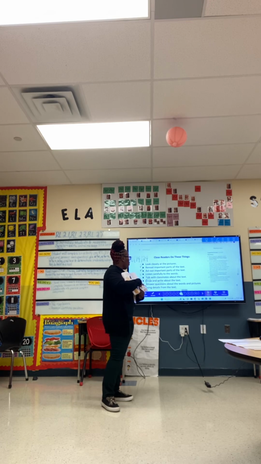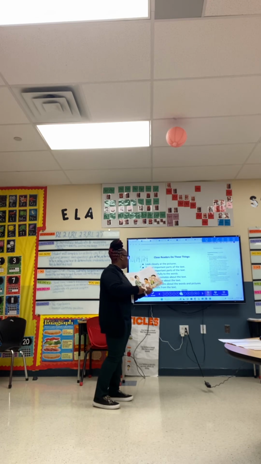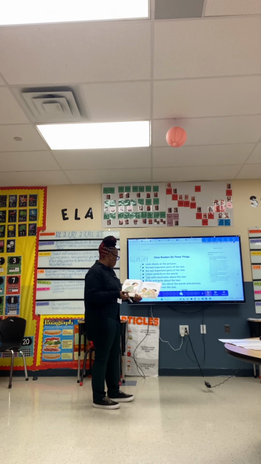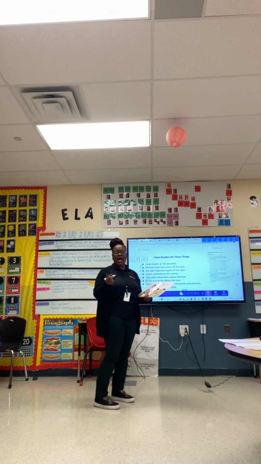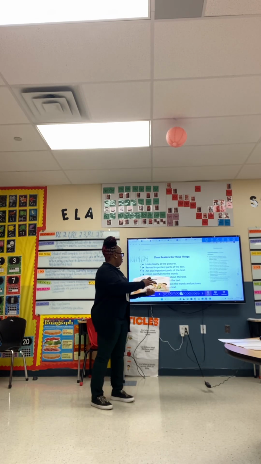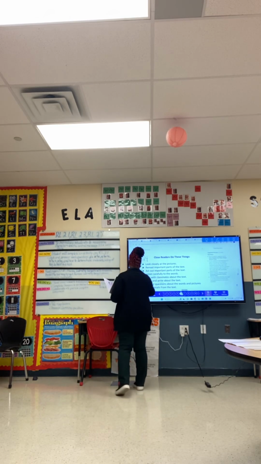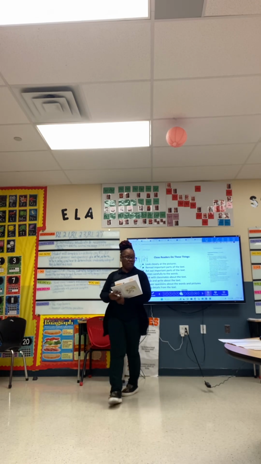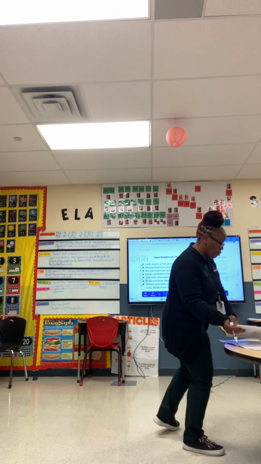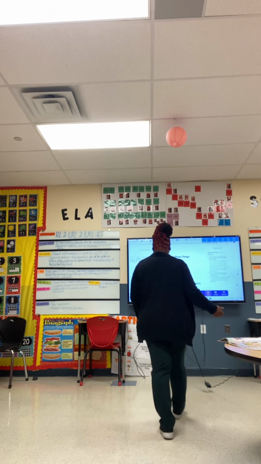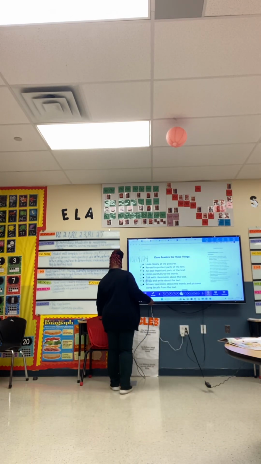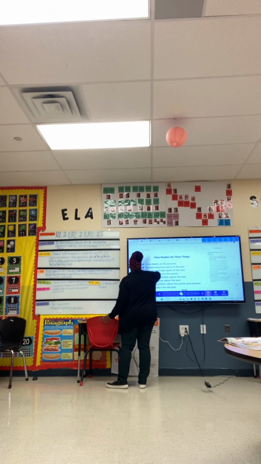It says answer questions about the words and pictures using the details from the text. So if I say, what is Miss Carlotti doing on this page? Can you look at this page? Yes. And can you answer my question from the text? Yes. Okay, so all of these things are learning targets, and I know that everybody can do this. We've been on this book about 3.5 weeks, but if you can't, it's okay. Just let me know, and we're going to stop and go over it.